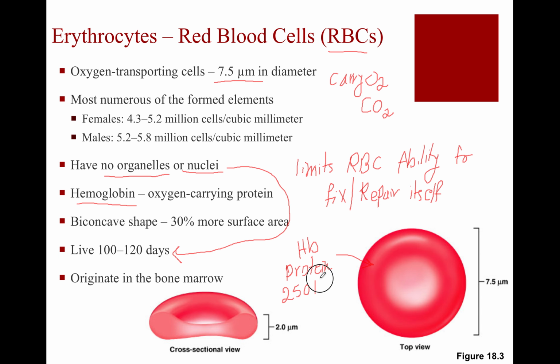There are 250 million hemoglobin per red blood cell. So, significant numbers. As far as the origin of production of your red blood cells, they originate not just from the bone marrow, they actually originate from the red bone marrow, which is found inside your spongy bones. You will learn about that also later on in Bio 251.